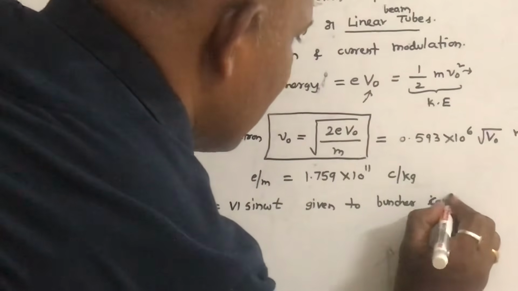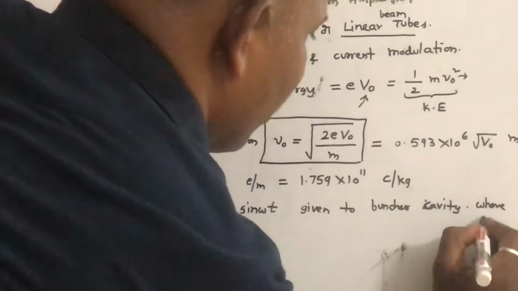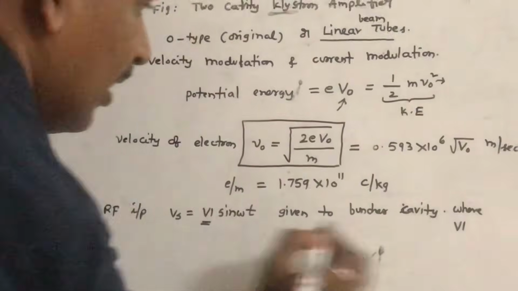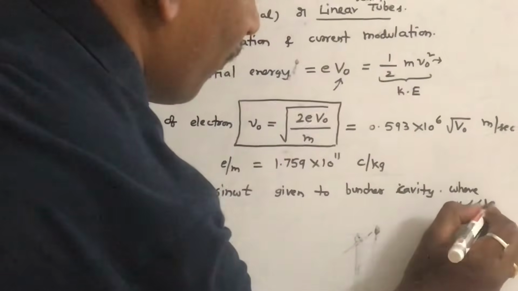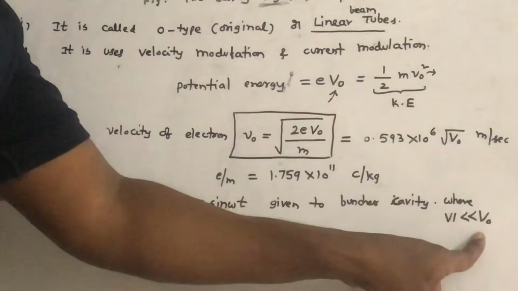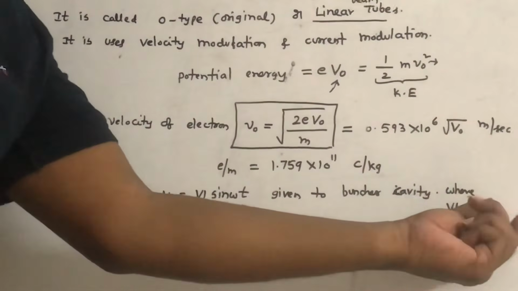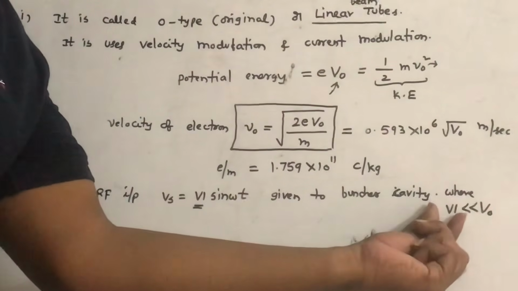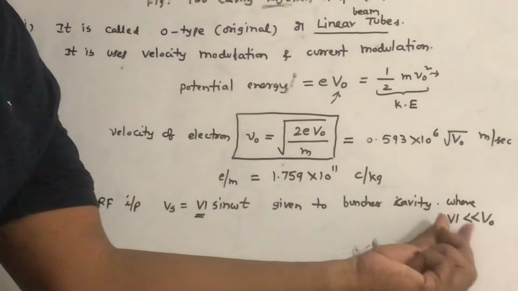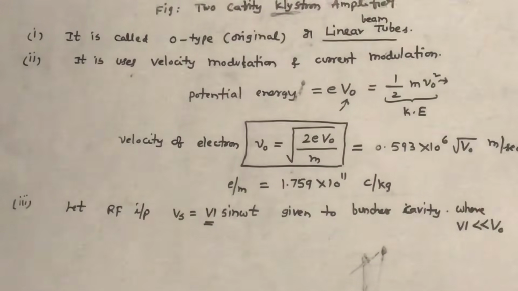The amplitude V1 of the signal is much less than the cathode voltage. Remember that the cathode voltage is in kilovolts, whereas V1 is in volts.